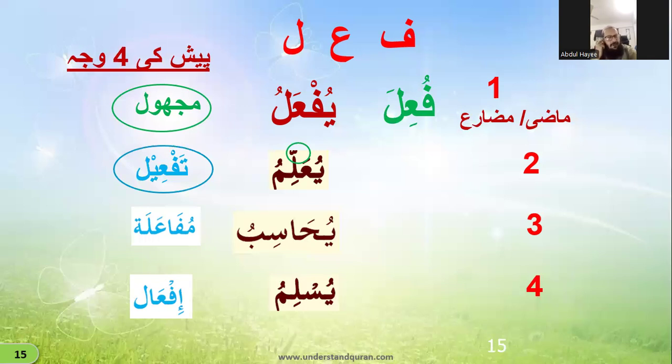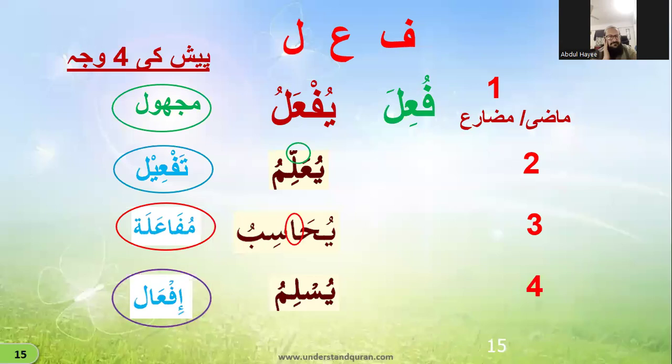Then it may be from bab mufa'ala. What is the sign? The sign is that in bab mufa'ala, it has a fatah, hasaba, yuhasib. In mazi and mudari, it has an extra alif inside. Suppose the word does not have an alif inside, then there is a possibility that it will surely be from bab if'al.